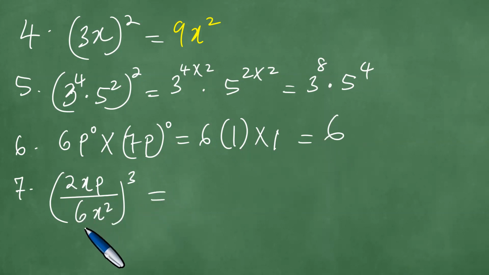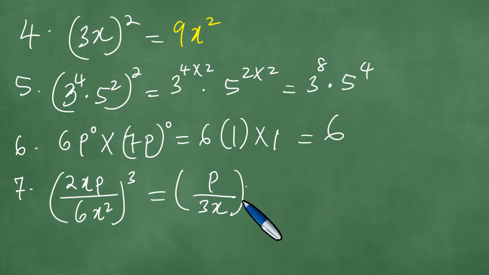Okay, so what is 2 divided by 6? 2 goes how many times into 6? 3 times. So you're going to have a 3 here. X is going to cancel 1x from x squared, giving us x.